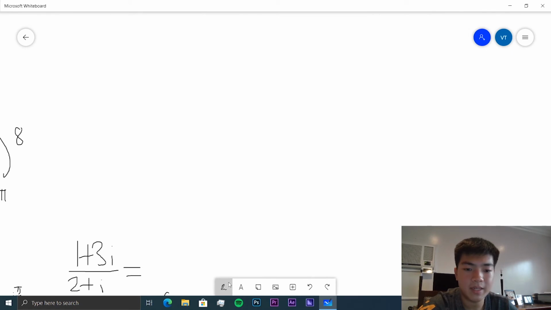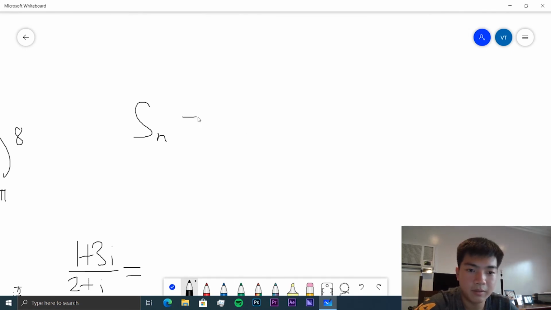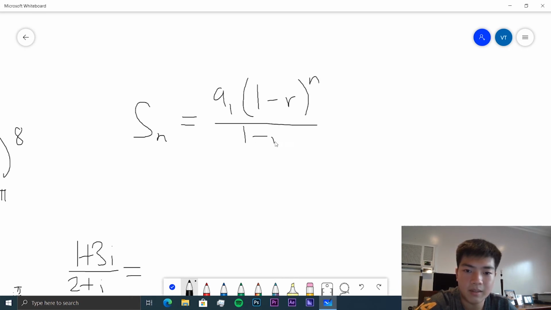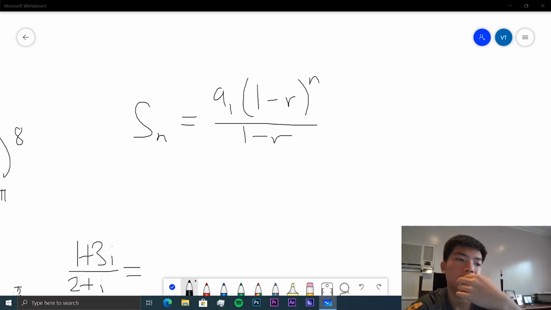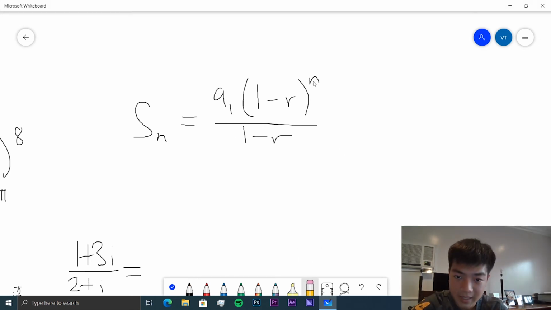And then find the sum of the first 9 terms. So this is going to be equal to, what is this? Is it the first term times 1 minus r to the n over 1 minus r? I'm pretty sure it is this. Oh, sorry, it's r to the n inside the brackets. Okay.